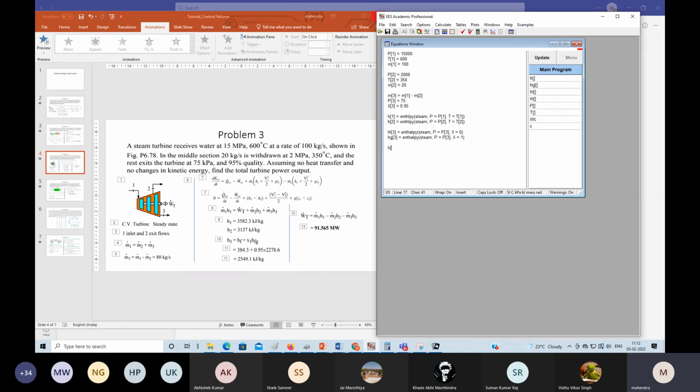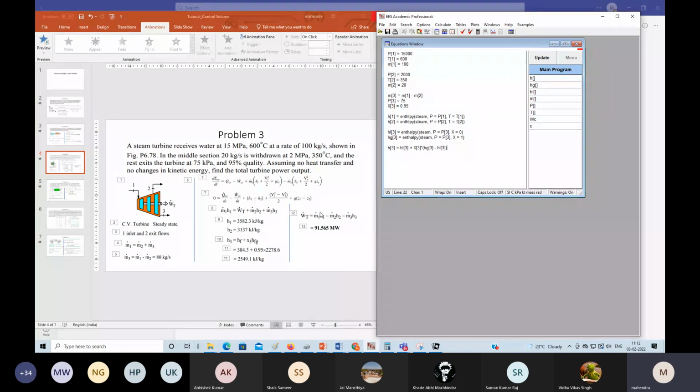Then H3 would be HL3 plus X3 multiplied by HG minus HL3. Is it? Fine. So all enthalpies we have calculated, H1, H2 here and H3 here.